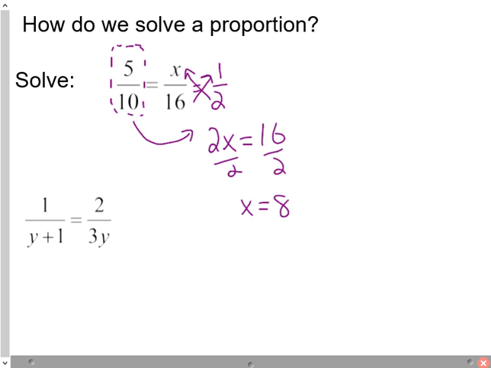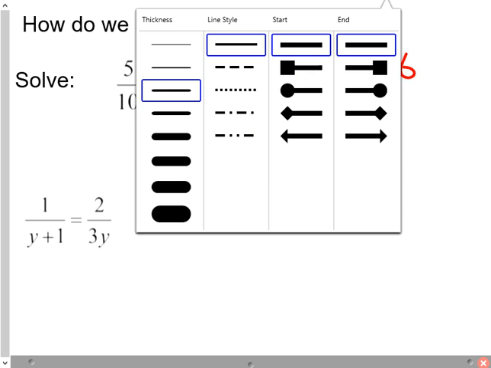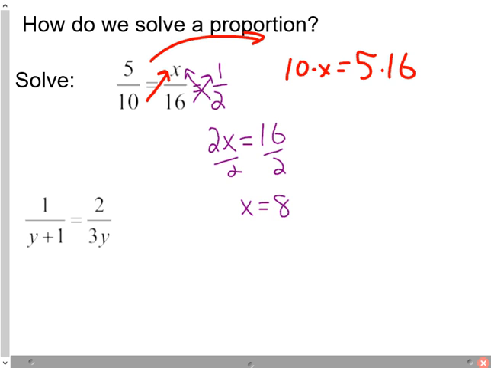Now just a little note, if you aren't one of these types, you can still solve, just break it down into different pieces. For example, if we did 10 times x equals 5 times 16. Notice I did not multiply them together, right? Because if you aren't that type of doing higher level math in your head or higher number math in your head, don't multiply, but then in the end here, I got x is 5 times 16 over 10.